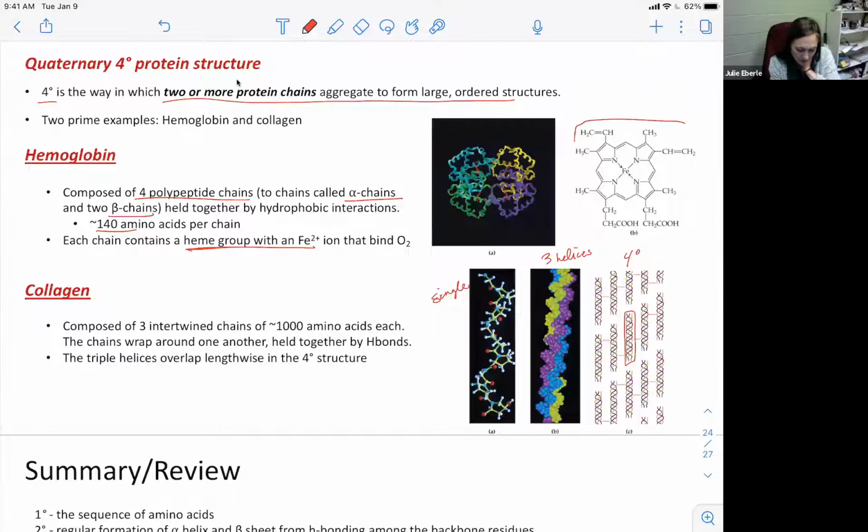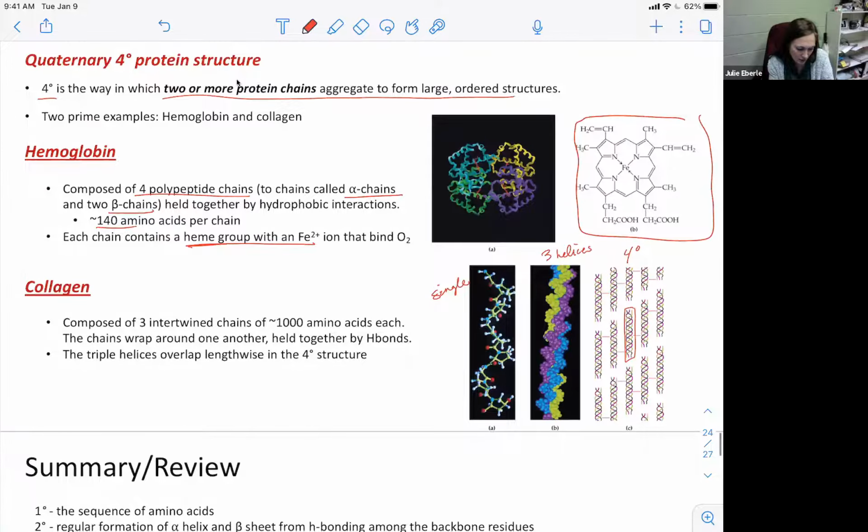This is a heme group, what I drew earlier, just the square with the iron in the middle. This is a better, more accurate picture of heme. Each chain, the yellow, the teal, the green, and the purple, holds a heme group, and each chain can bind a molecule of oxygen. So the hemoglobin protein can bind 4 molecules of oxygen.